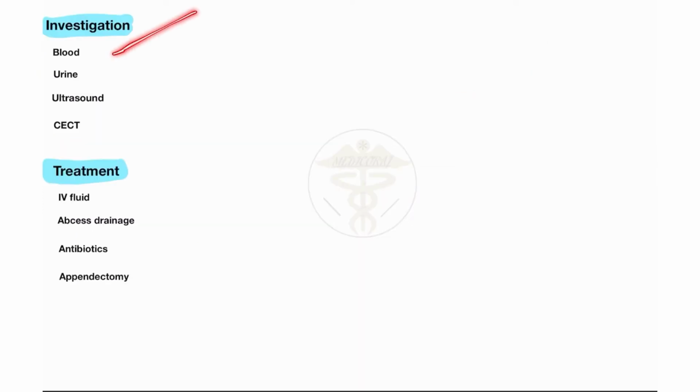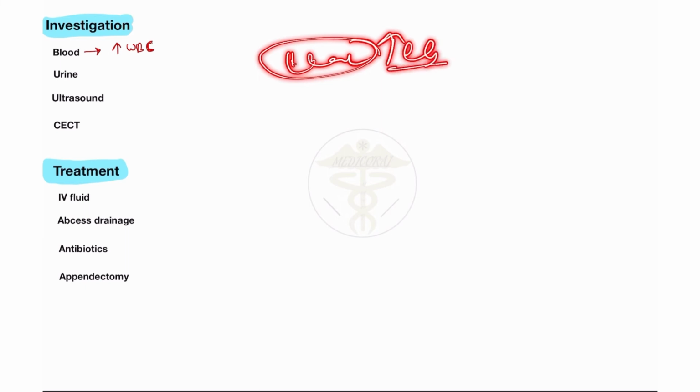Now what are the investigations for a patient of acute appendicitis? When you see the blood of the patient, you will see an increase in the level of WBC, because I already told you in the video, leukocytosis occurs in the patient of acute appendicitis.